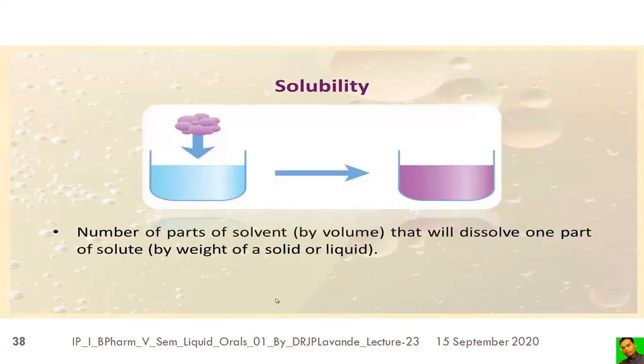Now, solubility. Just to recall, we had studied solubility while studying pre-formulation. Exactly, the number of parts of solvent that will dissolve one part of solute is said to be the solubility.